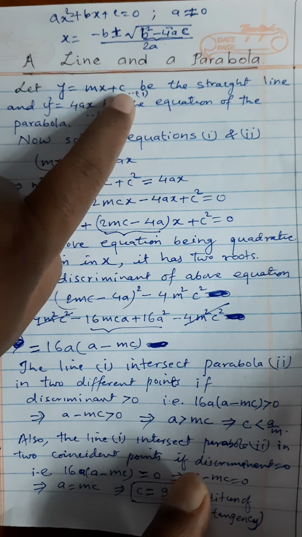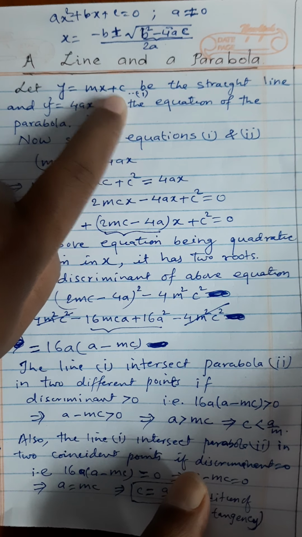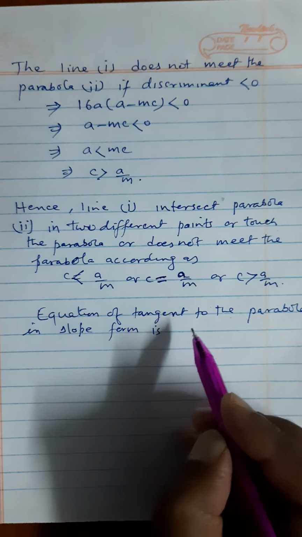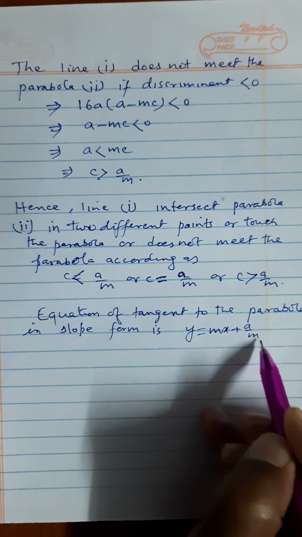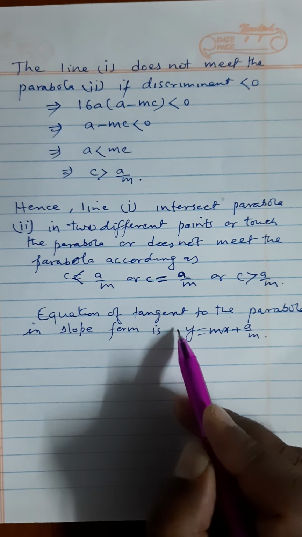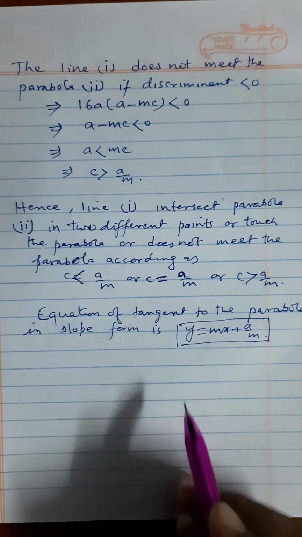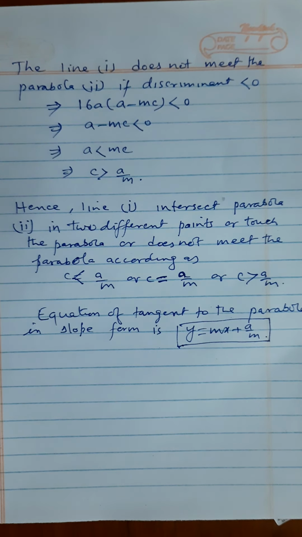So if you replace c by a over m, we get the equation of tangent to the parabola in slope form: y equals mx plus a over m. This can also be obtained from its derivation.